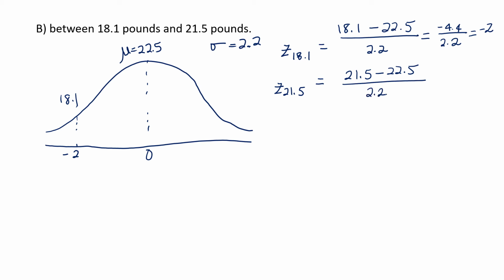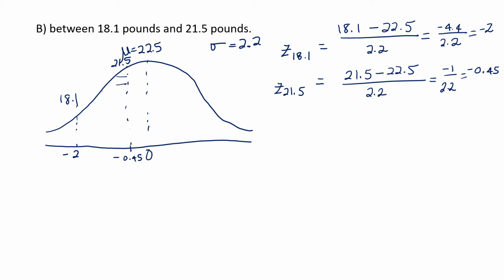The numerator becomes negative 1, and we still divide that by 2.2, and that gets us roughly negative 0.45. Let's mark that on our graph as well. It'll still be to the left of the 0, but pretty close. So I'll mark negative 0.45, and above that on the bell curve, I will mark the weight of 21.5.